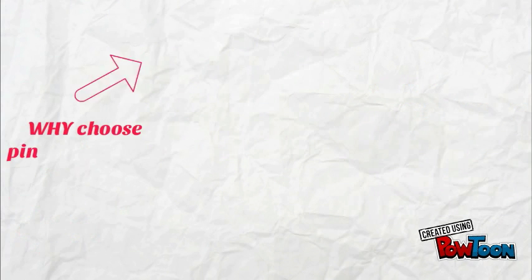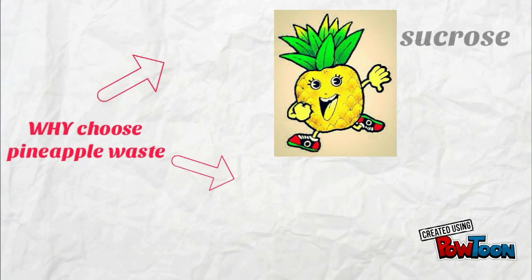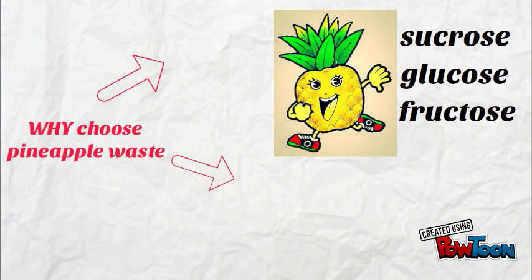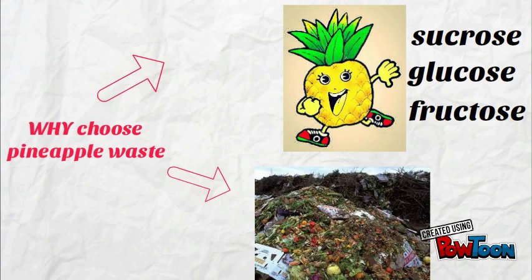The second reason is that pineapple waste contains a high level of carbohydrates. The carbohydrates are simple sugars, which are sucrose, glucose and fructose. All of these sugars can act as substrate for lactic acid production. Pineapple waste discharged to the environment untreated can cause a serious environmental problem. Therefore, by using pineapple waste, the environmental problem can be reduced.